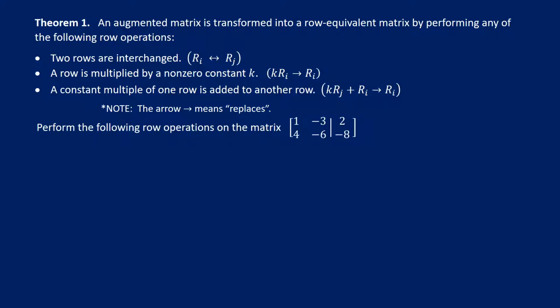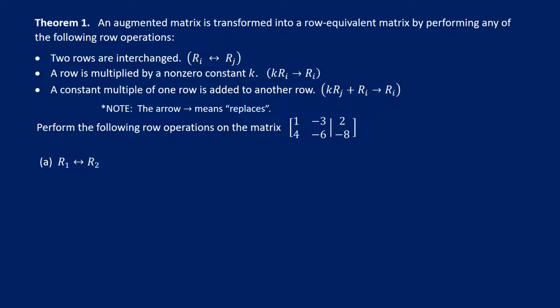So given the matrix with row 1: 1, negative 3, 2, and row 2: 4, negative 6, negative 8, and notice this is an augmented matrix. We know that because we have the bar. Some texts will use a dotted or dashed line. I'm using a solid here.